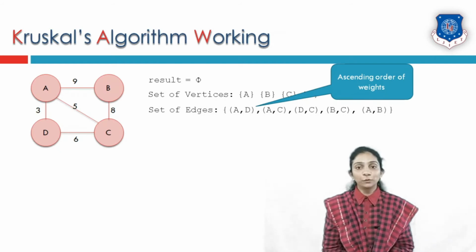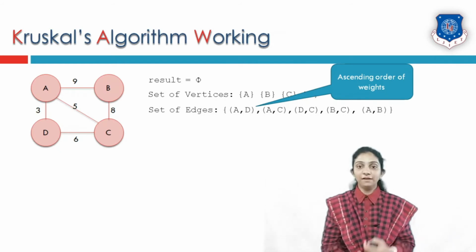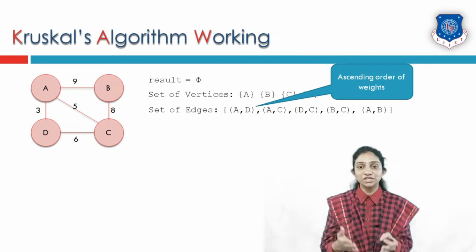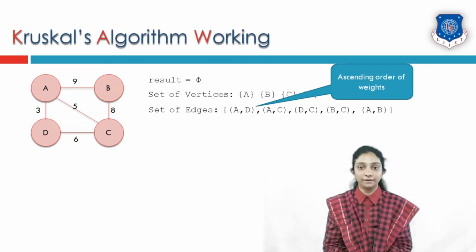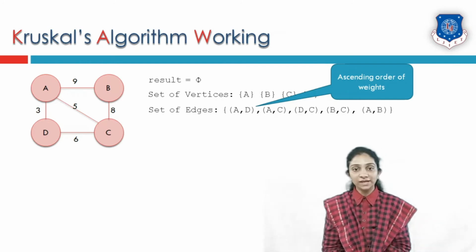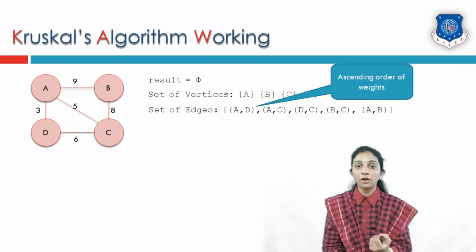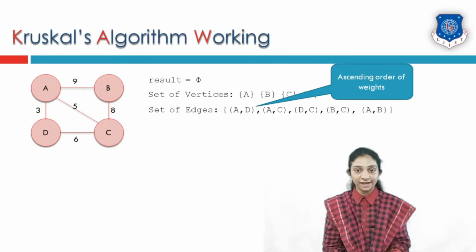The third step of Kruskal's algorithm says that we have to sort the edges of a graph in ascending order of their weight. So the edges we are considering are first A, D with weight 3. The next least weighted edge is A, C with weight 5.